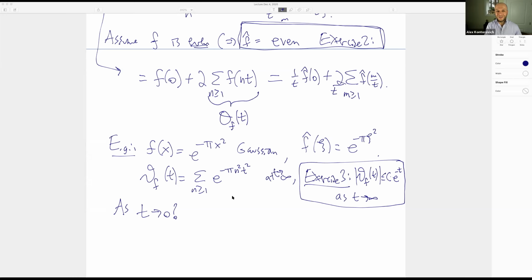So what's going on? Well, it's too hard to say from this perspective. What should we do if t is going to 0? Where should we look? If only we had some other expression for this theta function.